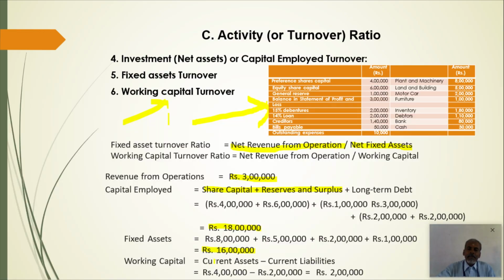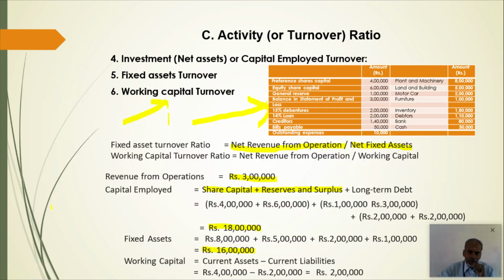Working capital means the capital required to do the day-to-day business. So working capital is about your current assets and current liabilities. When you call it working capital, it means your current assets alone. When you call it net working capital, it means current assets minus current liabilities, right?